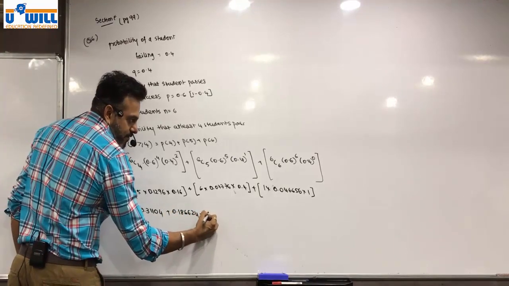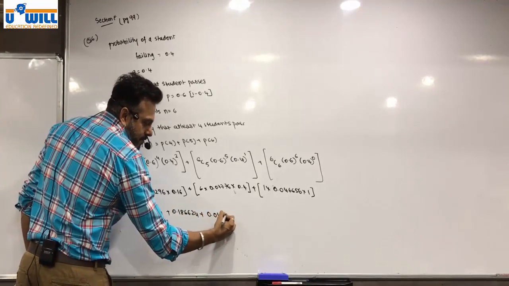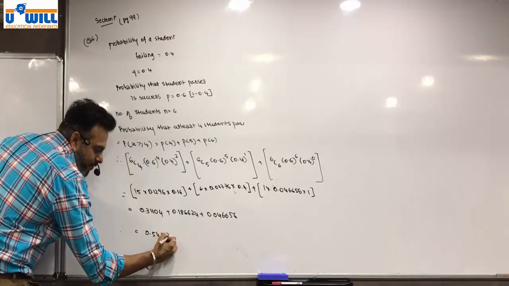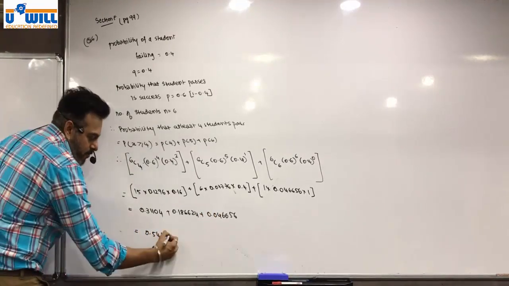Perfect. Plus 0.046655 is equal to 0.5432.